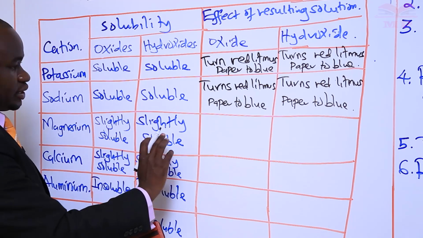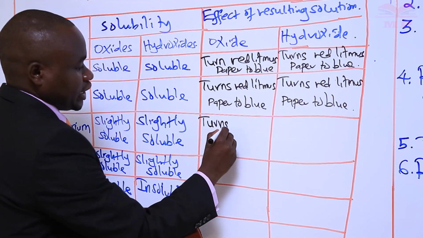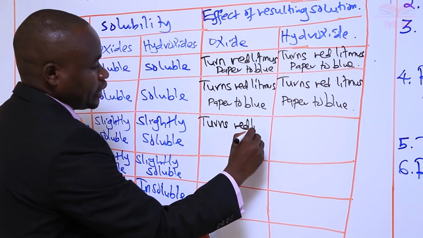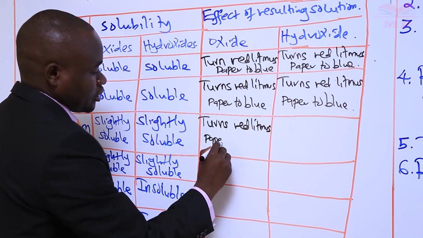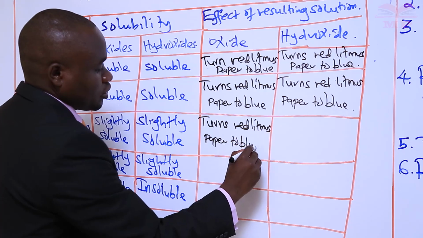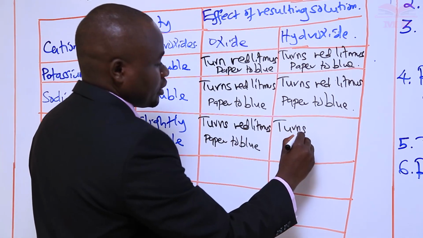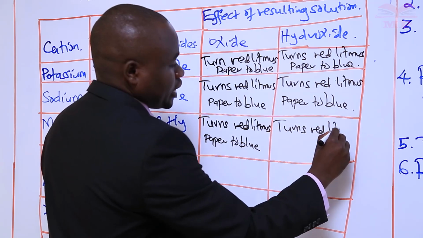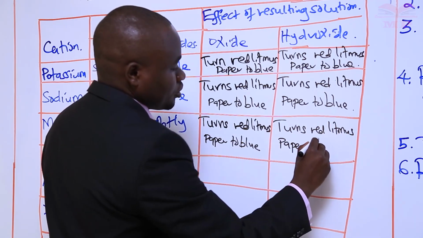The resulting solution will also turn red litmus paper to blue. Also here, the hydroxide will also turn red litmus paper to blue.